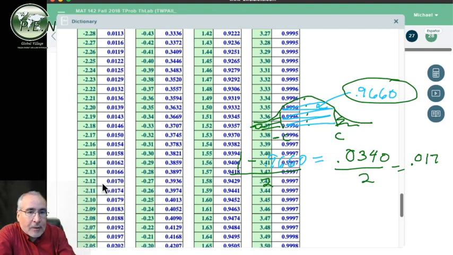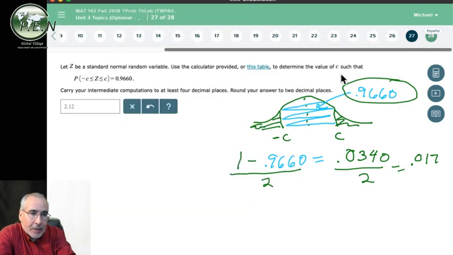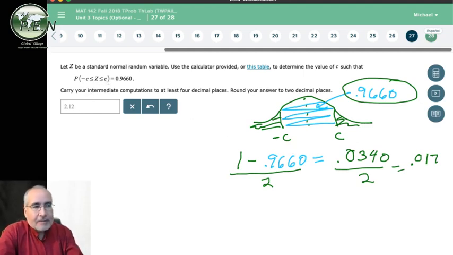Now the problem with using this is you might be tempted to put negative 2.12 in for the answer. But then Alex is going to mark it wrong because notice this here has the negative here, so it's 2.12 here and 2.12 here. So in this case, using the calculator will be a little bit better because it did give us the positive answer.